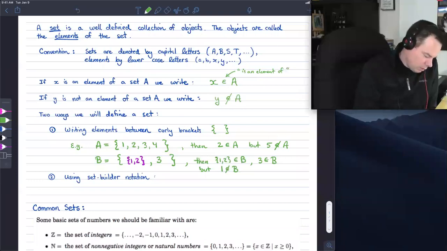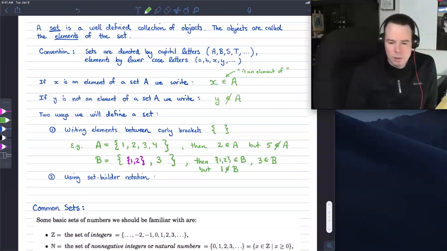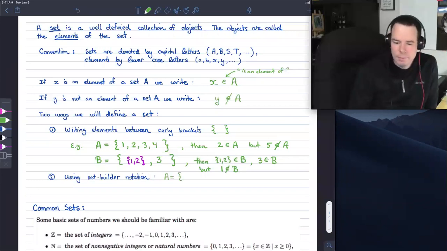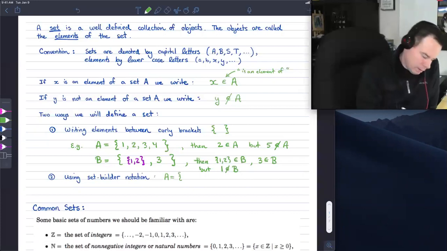Another way to build sets is to use set builder notation. So what is our set builder notation? It looks like this. I'll take the name of our set, which I'll call A in this case. And I'm going to build the set by stating a property that an element has to have in order to be in that set. So we write it as follows. We say it's going to be the set of all x, whatever x is, with a vertical bar. That vertical bar is read "such that."